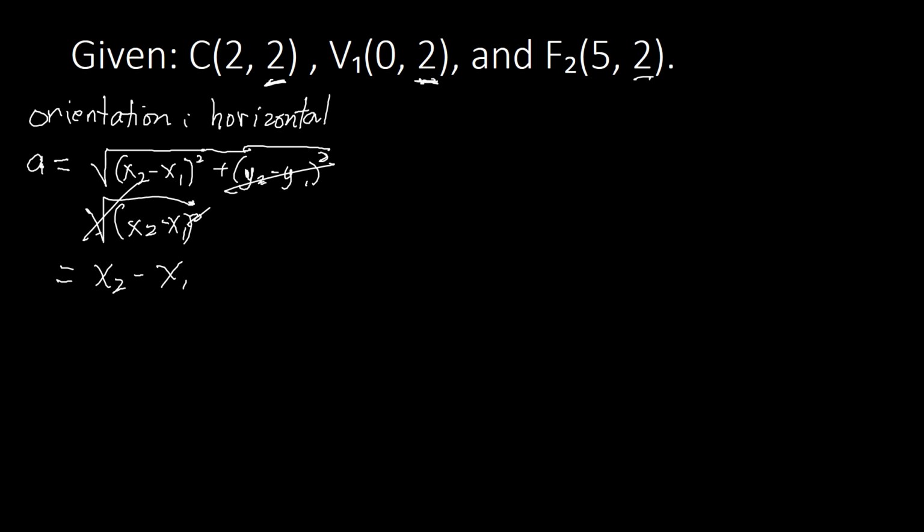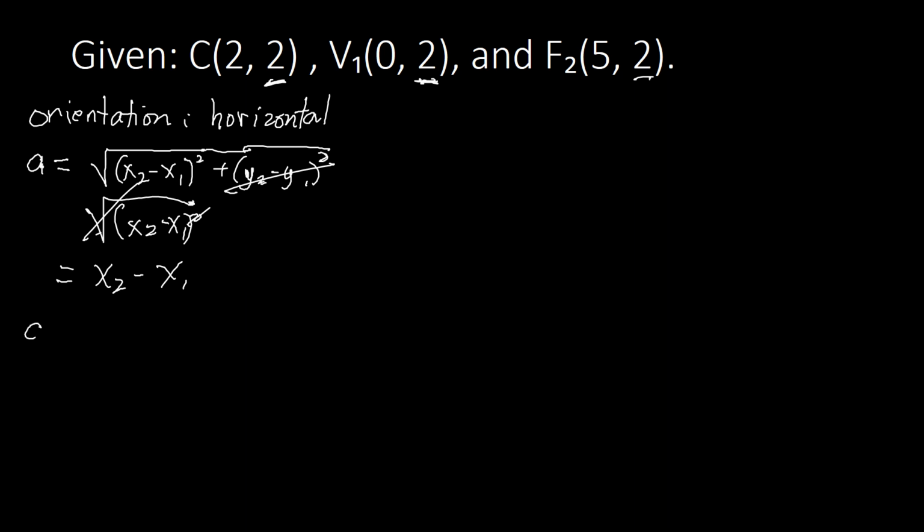What I'm trying to say here is to avoid a longer way in getting the distance, since most of the values in our hyperbola will have one component that is similar in value. So you just go directly to those that are different in values and subtract them to get the distance.